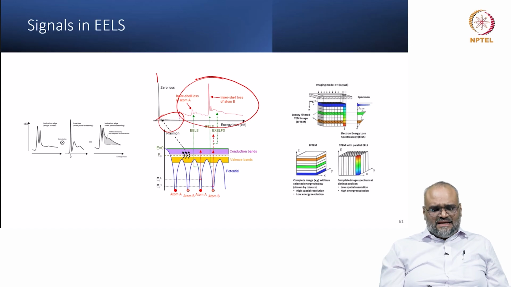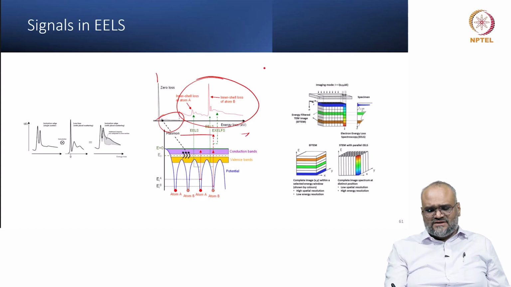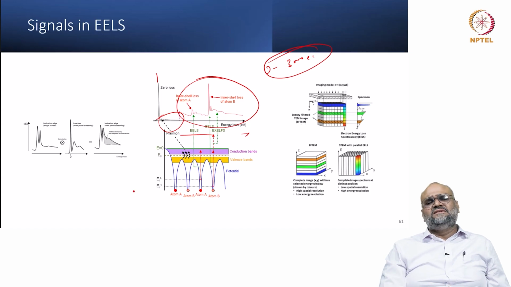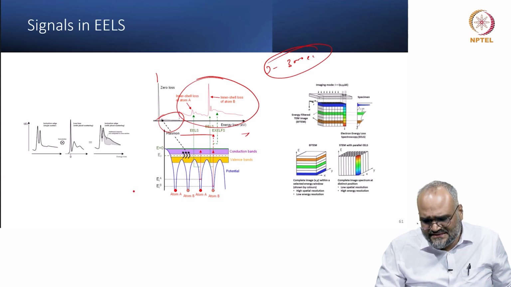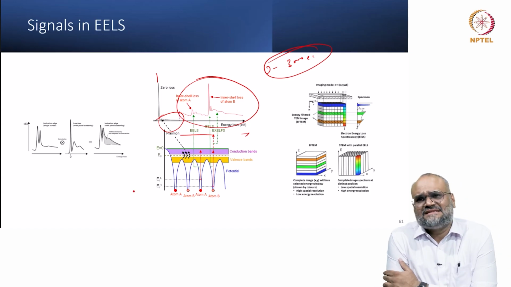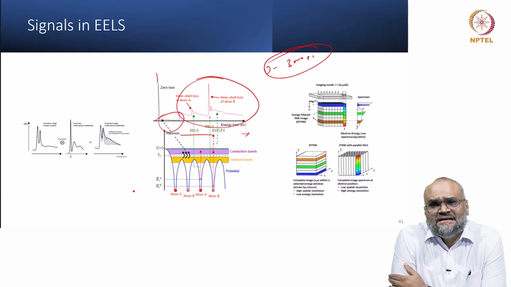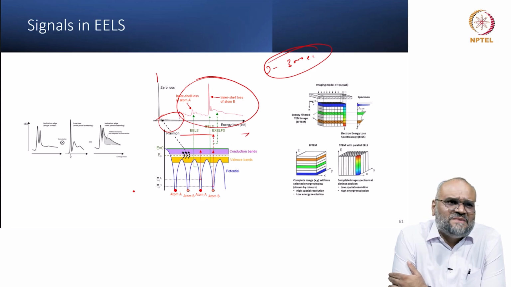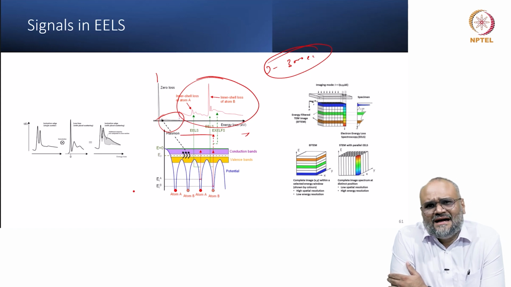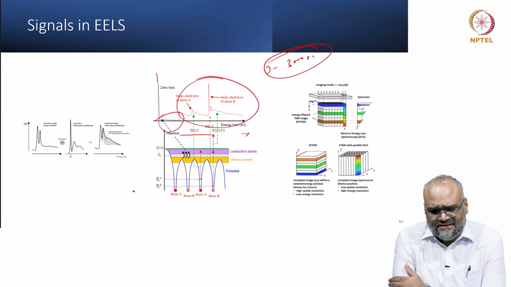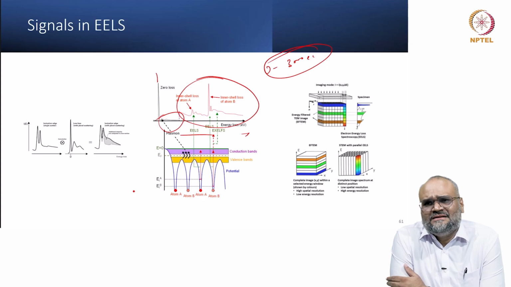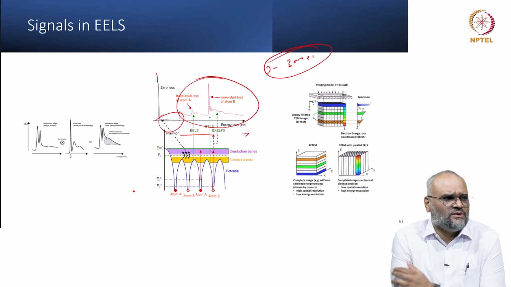So typically this is recorded over a range of 0 to 3000 electron volts, and this covers most of the elements, and typically EELS is extremely sensitive to low atomic weight number materials. You can also measure the thickness of the specimen from the bulk plasmon peaks, and with a very high resolution EELS spectrometer, you can also get information on surface plasmons and so on.